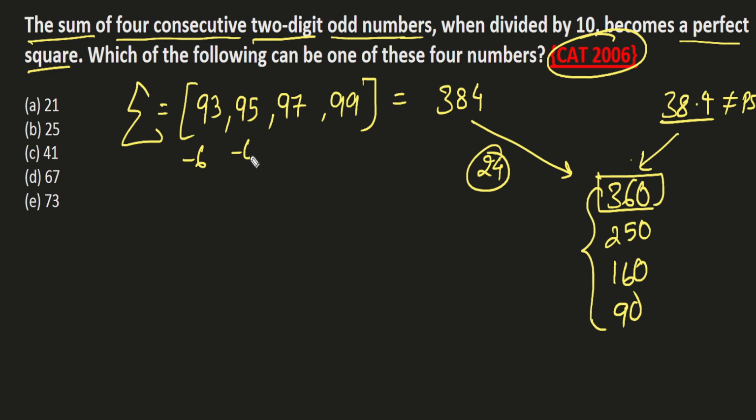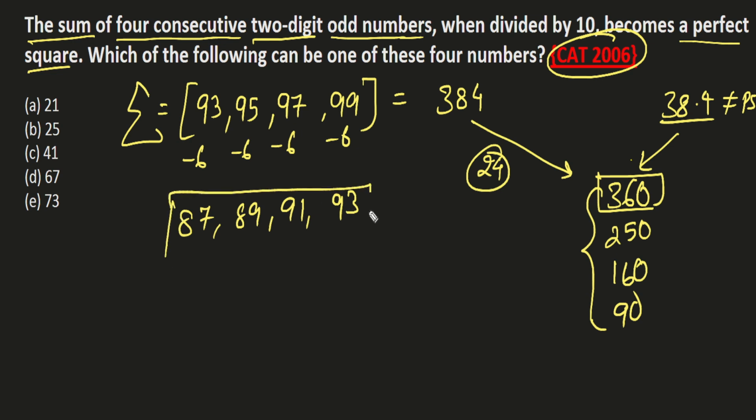When I subtract 6 from all these numbers, the first one will become 87, and then it will be 89, 91 and finally 93. You can check that also. I'll leave that checking to you. But as you can see, none of these numbers are in our options, so obviously 360 does not work.